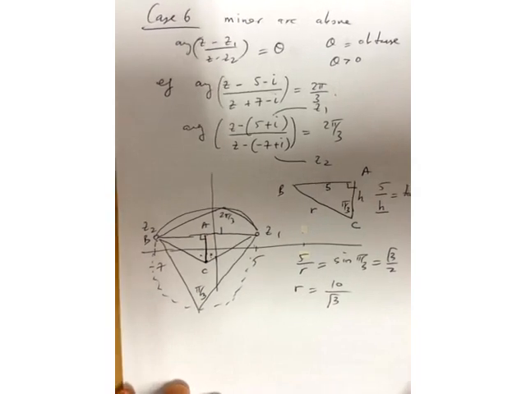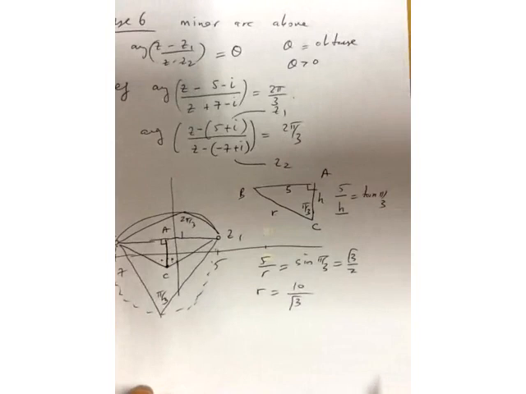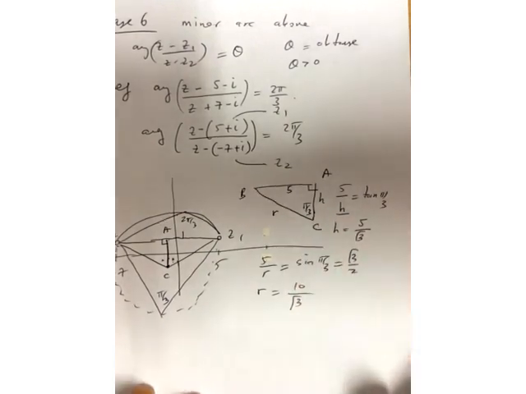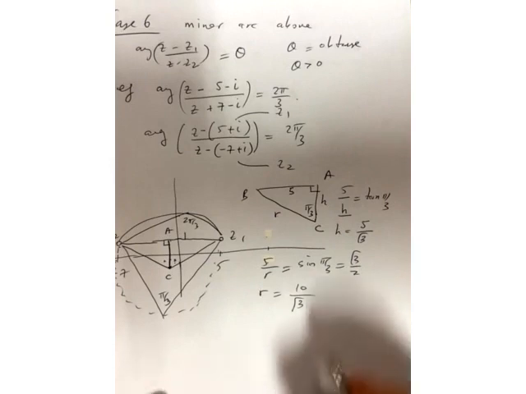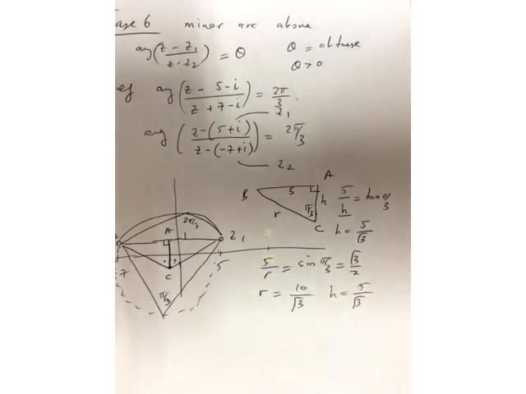I'm off the screen there, so let me go across. H is equal to 5 on root 3, using the same triangle, and the radius is 10 on root 3.